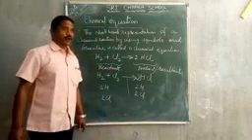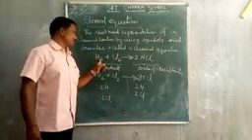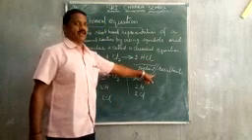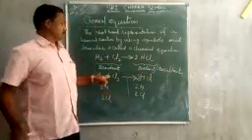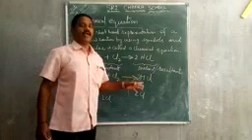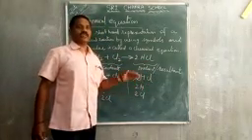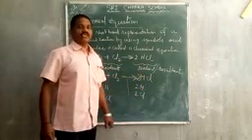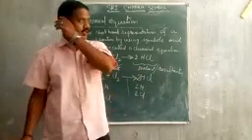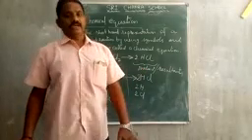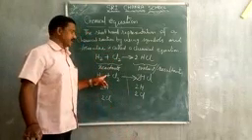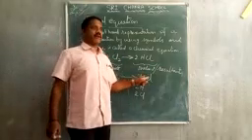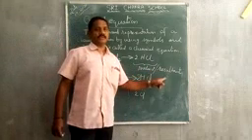In the last class I told you, I will tell you later, H2 plus Cl2 gives rise to HCl. So the reason is, this equation obeys the law of conservation of matter, which states that matter is neither created nor destroyed. It means that the number of atoms of reactants must be equal to the number of atoms of products.